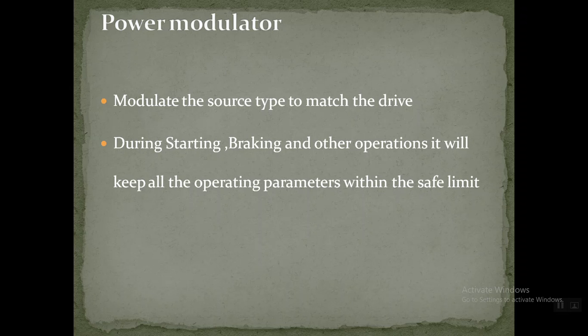Sometimes we have a DC supply and the motor is AC, then an inverter will act as the modulator. Or if both are DC, we can use a chopper. If both are AC, meaning an AC motor and AC supply, we use a single phase AC voltage controller as the modulator.